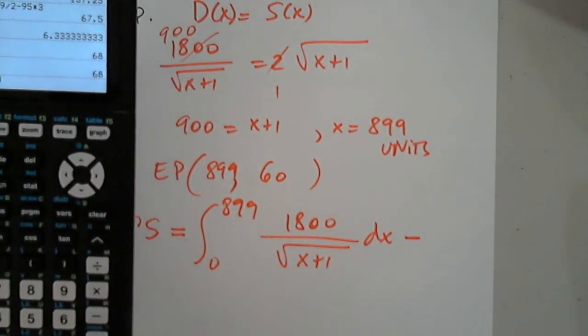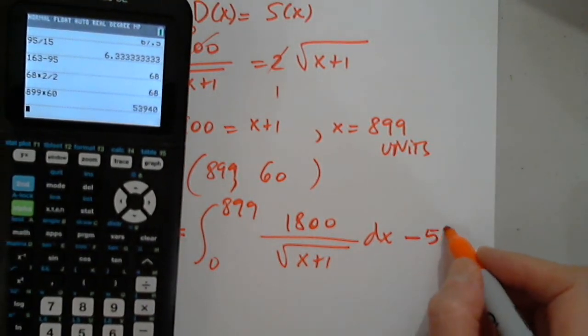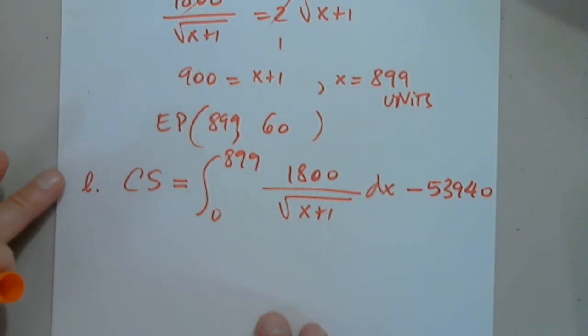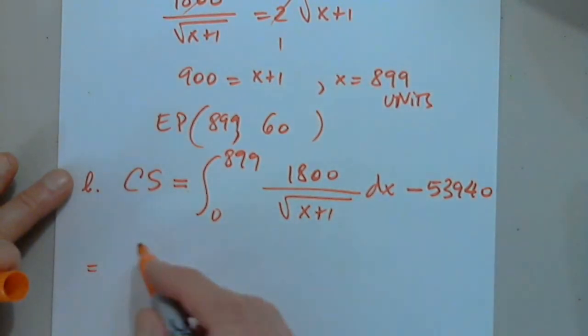Lazy people use calculators, like me. So 53940. Okay. So that will continue. 1800 outside.